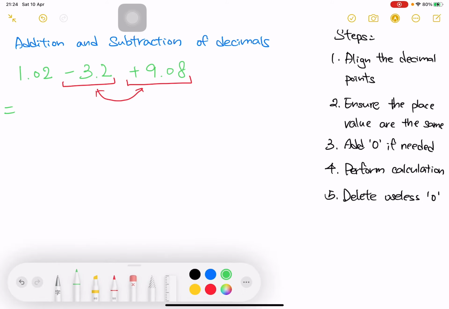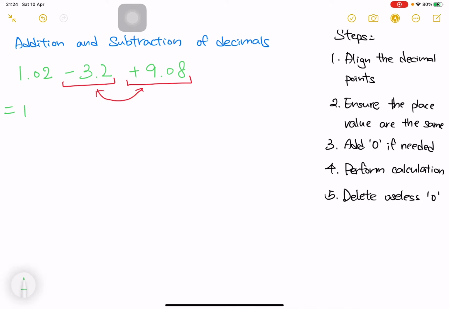Don't forget that if you want to change the number and the operation before it, you have to keep them as a group, like 3.2 with its minus sign. You move the 3.2 to the back and make sure that you keep the minus with it. So after it changes, it is 1.02 plus 9.08 and then minus 3.2.